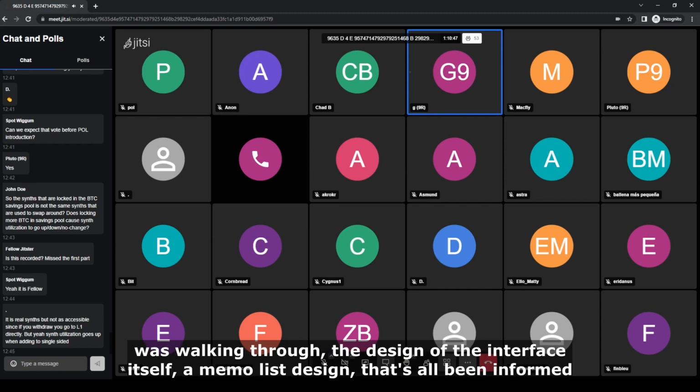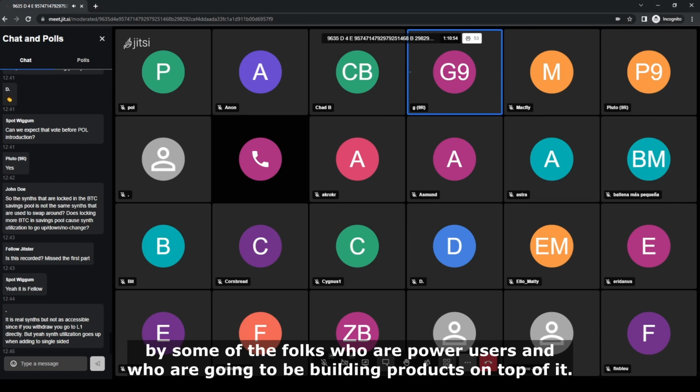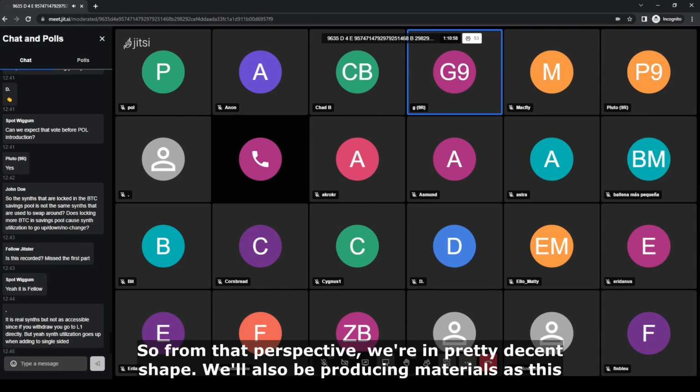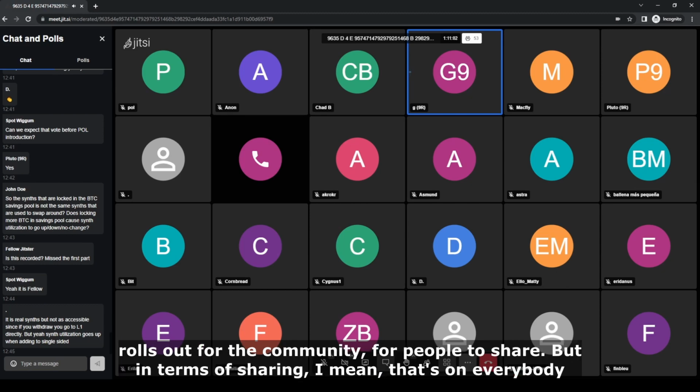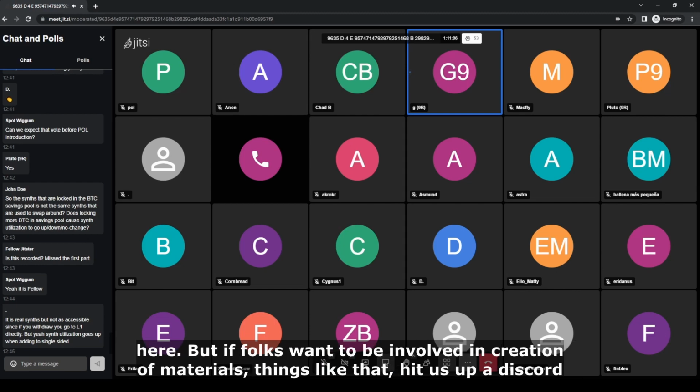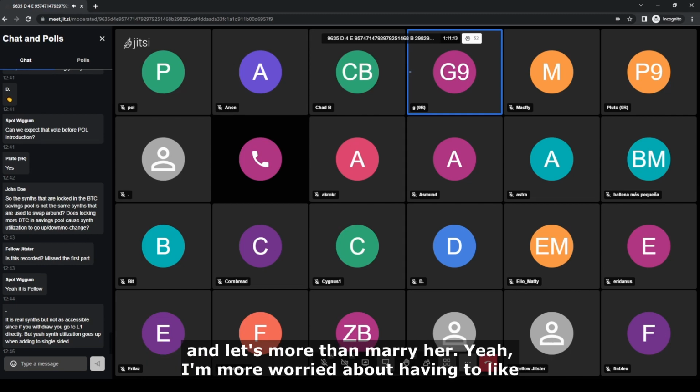And in terms of what Pluto was walking through, the design of the interface itself, a memo list design, that's all been informed by some of the folks who are power users and who are going to be building products on top of it. So from that perspective, we're in pretty decent shape. We'll also be producing materials as this rolls out for the community to share. But in terms of sharing, that's on everybody here. If folks want to be involved in creation of materials, hit us up in Discord. The more the merrier.